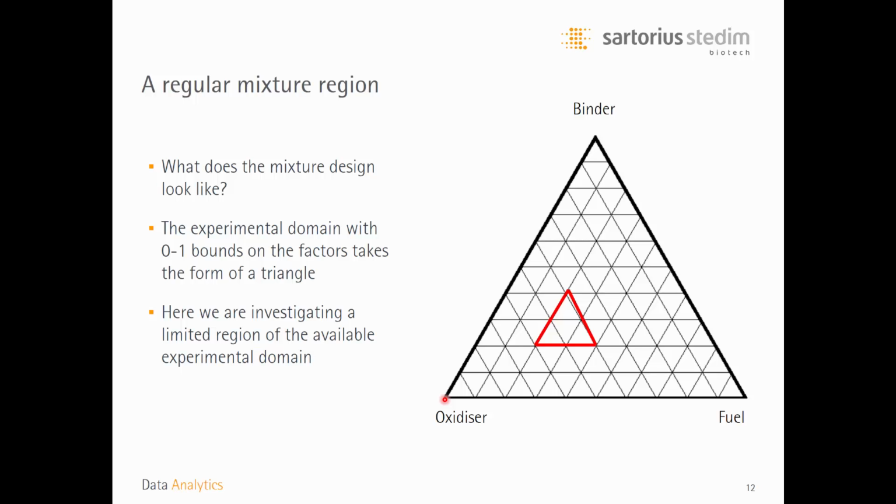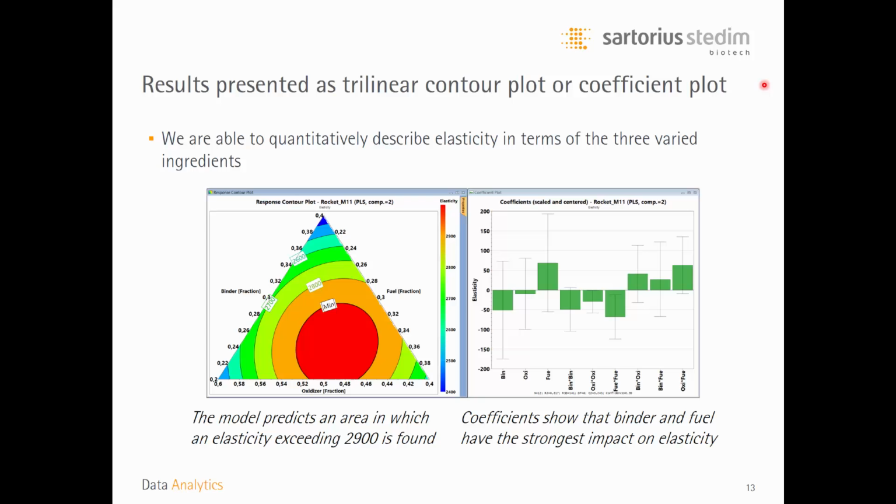In this case we have different boundaries, but we can still see that we have a regularly shaped experimental region, although it is a smaller fraction of the total available experimental domain that we're investigating. In the next stage, the data analysis stage, we would like to see if there are any relationships between changing proportions of the three mixture factors and the measured changes in the elasticity response variable.